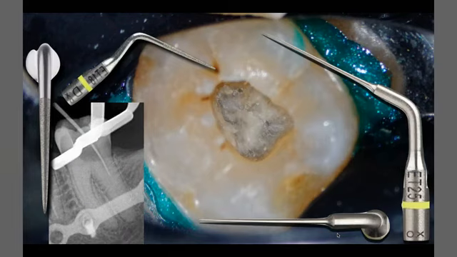But the problem here is that the calcification goes inside the root canal also. So here we have obliteration and dystrophic calcification inside the root canal. So I also have to break up the calcification inside the root canal with thin, non-coated ultrasonic tips.